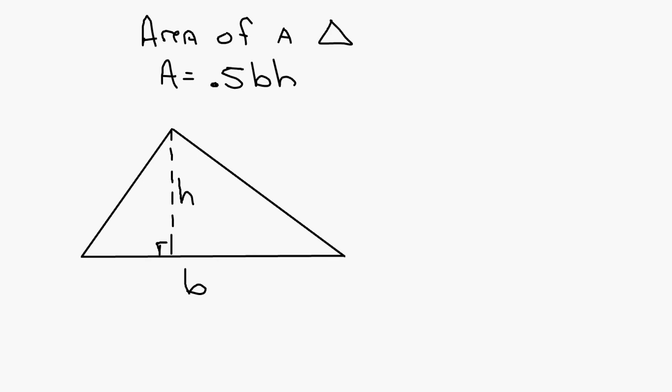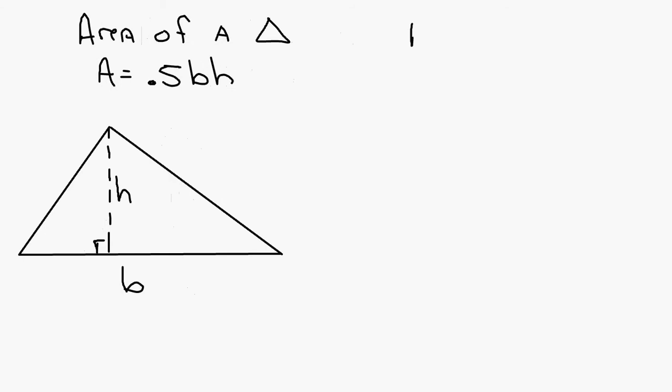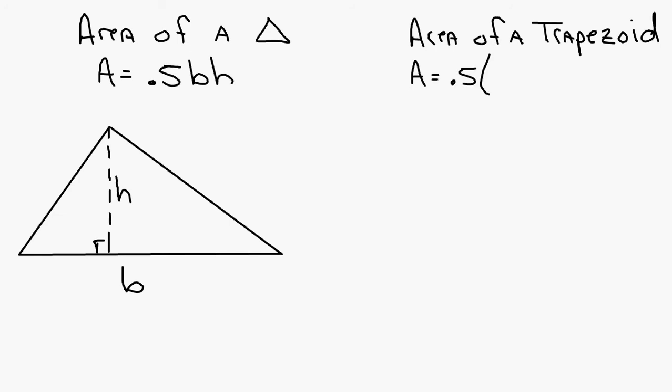Area of a trapezoid. The area of a trapezoid is going to be equal to 0.5 times base 1 plus base 2 times the height.